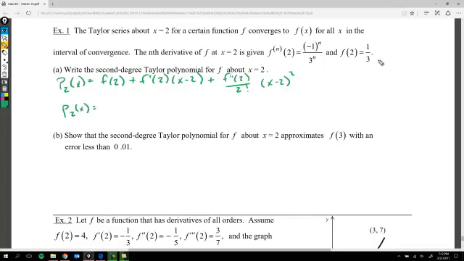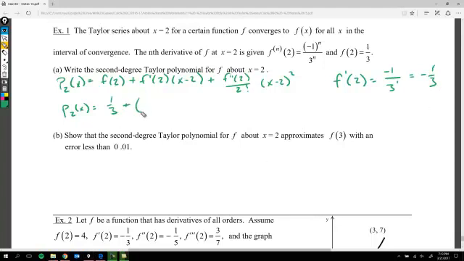They told me that f of 2 is 1/3. Now I have to figure out what f prime of 2 is. I'm going to plug 1 in for n, so f prime of 2 is negative 1 over 3 to the first power, or negative 1/3.